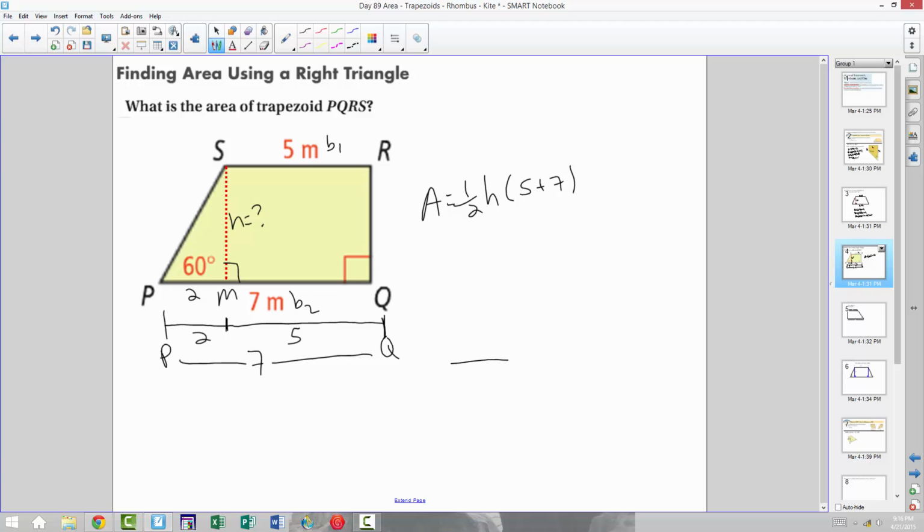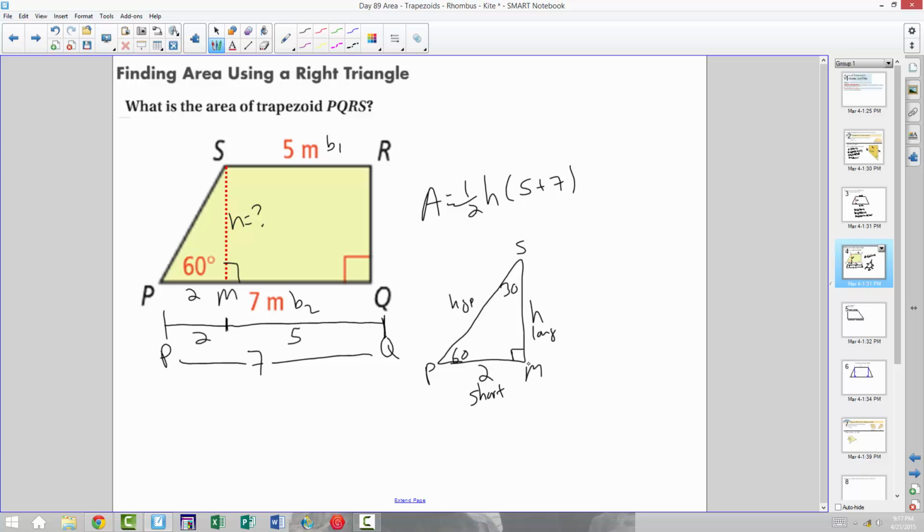So I have a right triangle, a special right triangle. Here's H, this is 2, this angle is 60, and at S, M this is 30. So here's your special 30, 60, 90 triangle. Here's your short side, here's your long side, and here's the hypotenuse.